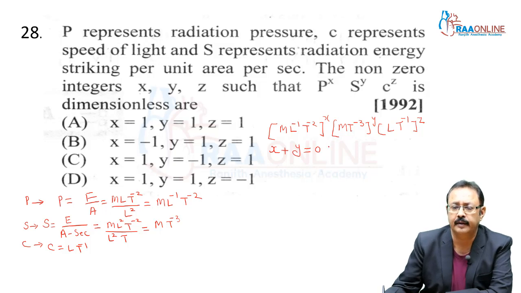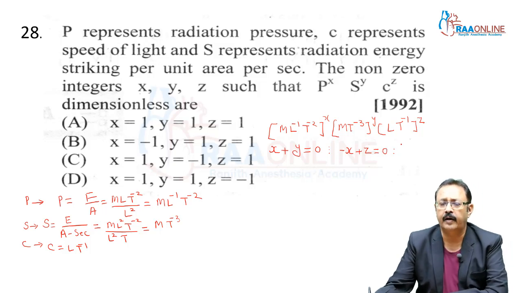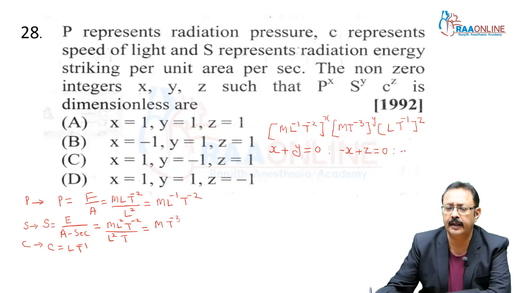Next, the power of L is minus x and plus z. We want this also to be 0. Third, the power of T is minus 2x minus 3y minus z, and it should be 0.